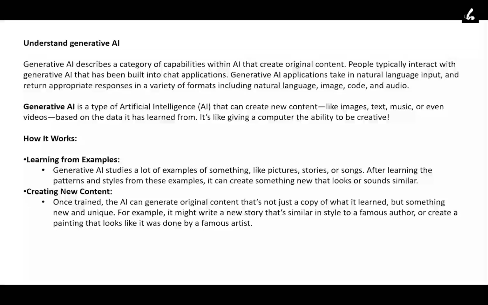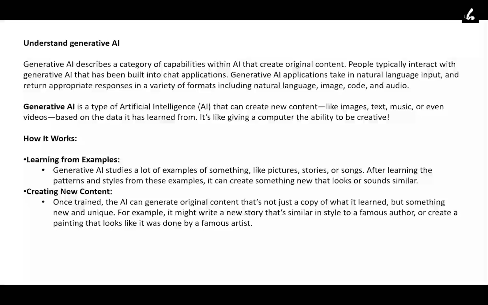Now, creating new content: once trained, the AI can generate original content that is not just a copy of what it learned, but something new and unique. It develops itself as time goes by, by learning from its previous tasks.